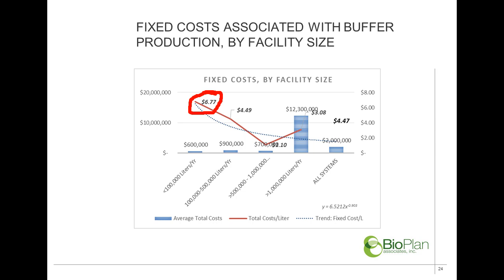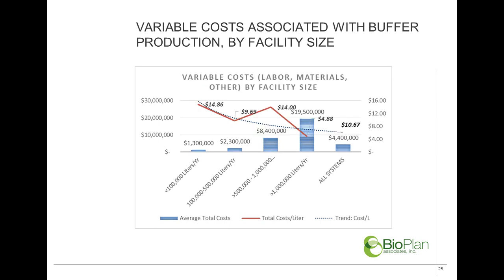When you look at the variable cost, this includes labor and other costs. You can see again it decreases. At the 100,000 liter range you're talking about $15 per liter and $1.3 million in expenses, and as you increase, it decreases down to $5 per liter at the million liter per year range, in terms of variable costs.